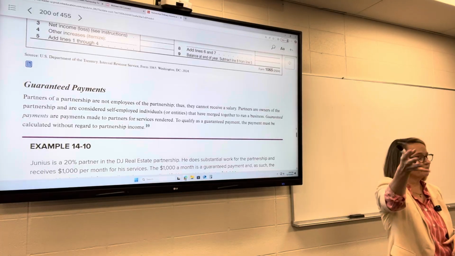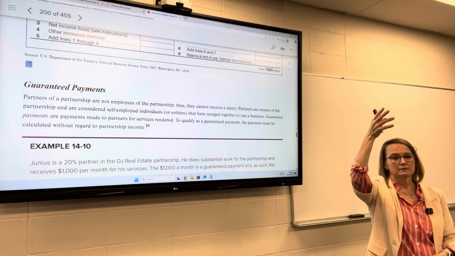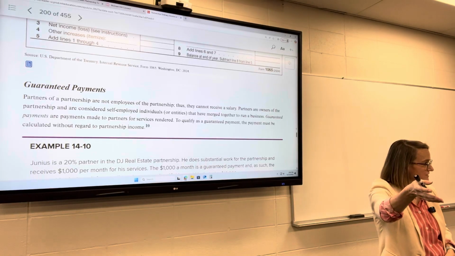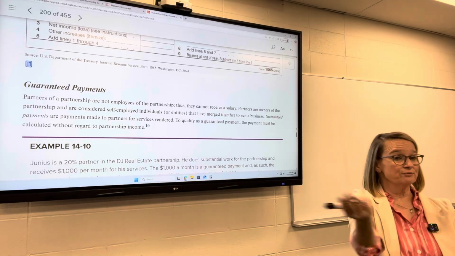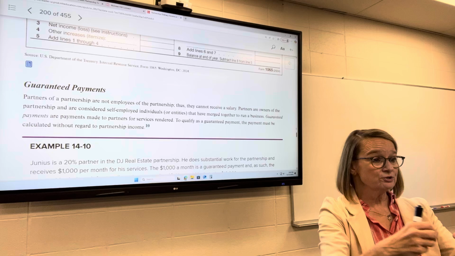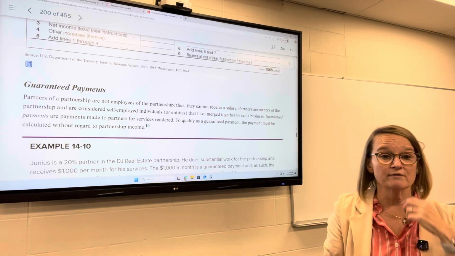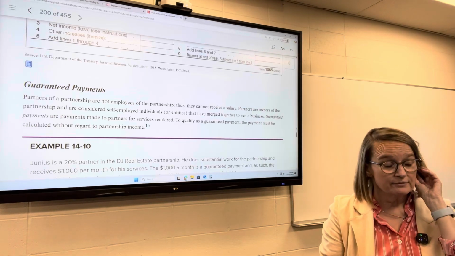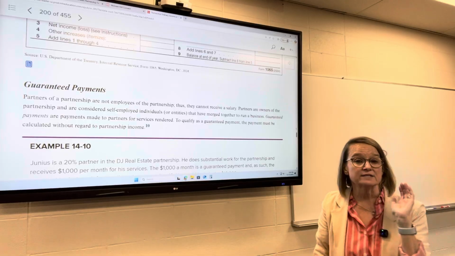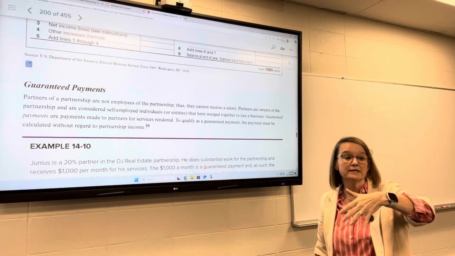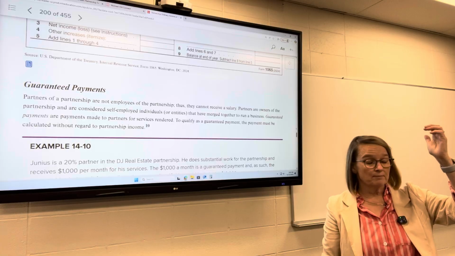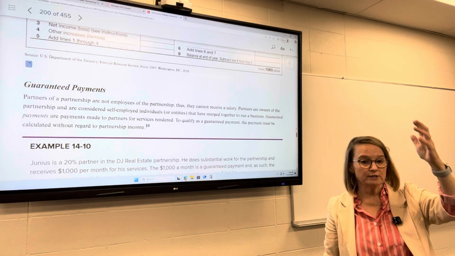So if we paid her $1,000 a month, then she's going to get $12,000 in guaranteed payments over the course of the year. But the three of us, on that partnership return, get to deduct the value of those services, what we paid her, the $12,000. So now, yes, she's going to pay tax on it. She's going to pay self-employment tax on it, Social Security, Medicare tax on it.